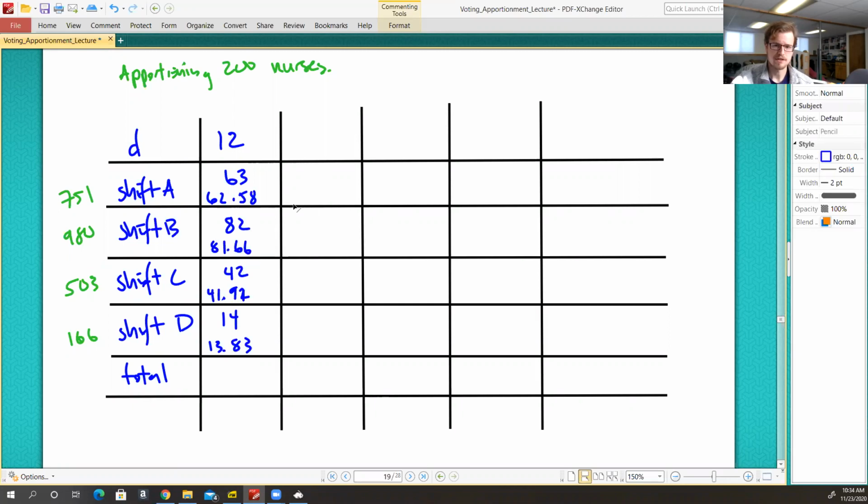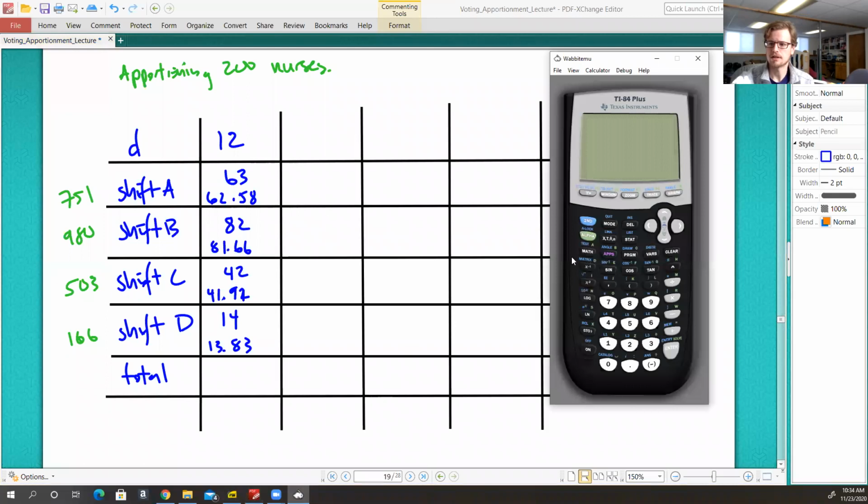When we do that, it looks like I got this to be 201. Let me double check that. I'll make sure our calculator is turned on first.